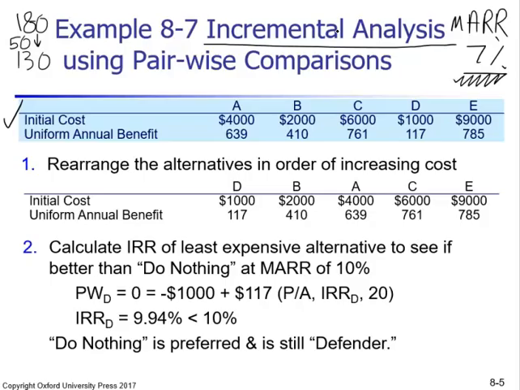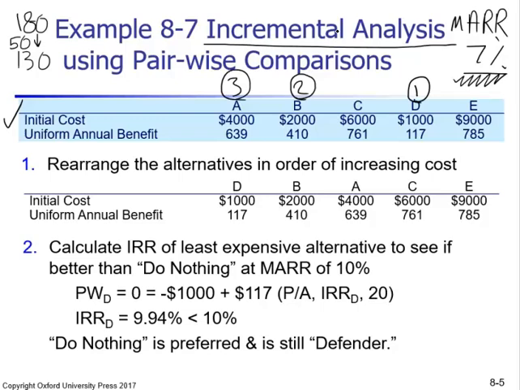So here we are rearranging or sorting the investment cases that we have from low investment to high. D is the lowest. After that it is B, A, and like that.